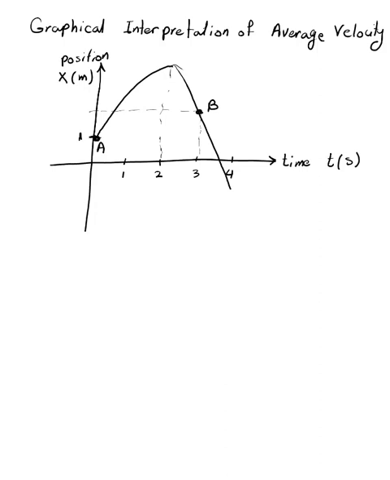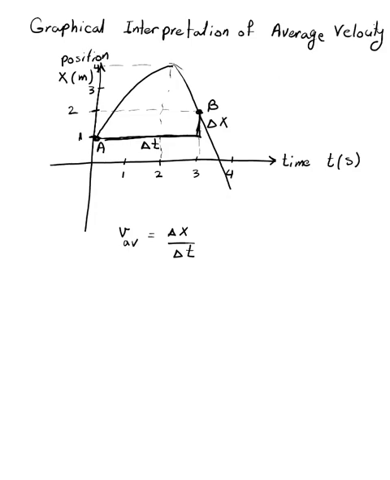So this is 1 meter, 2 meters, 3 meters, and this is like 4 meters. So from point A and point B, I know that the average velocity is going to be delta x divided by delta t.